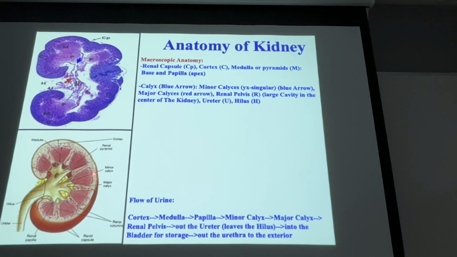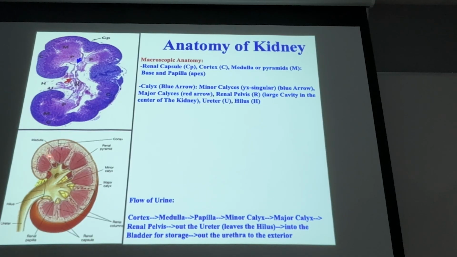And the pelvis then empties out of the kidney through the hilus into the ureter, and the ureter drains the urine that we're producing here to the bladder. Everything enters and leaves the kidney through a medial depression called a hilus, which is a generic anatomical term for depression.